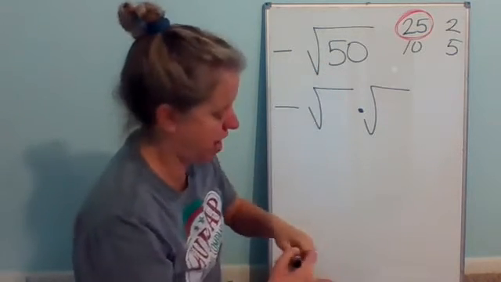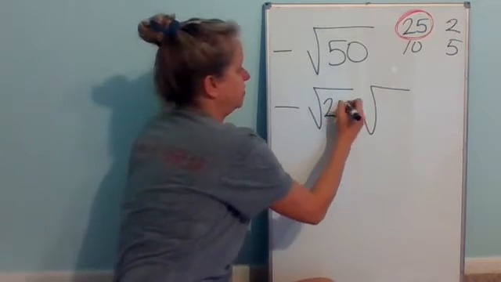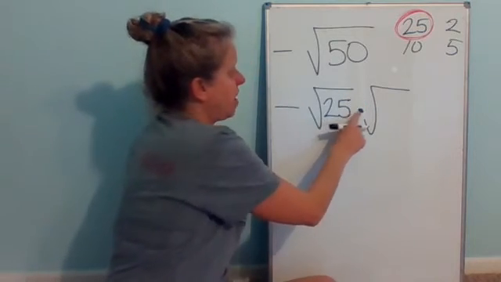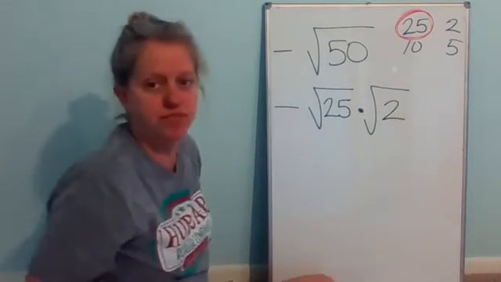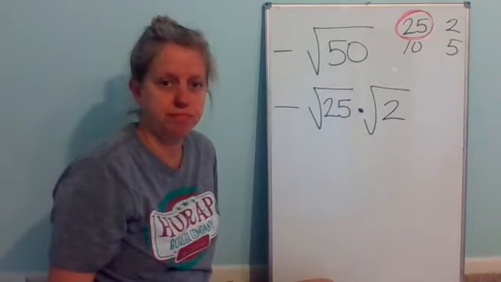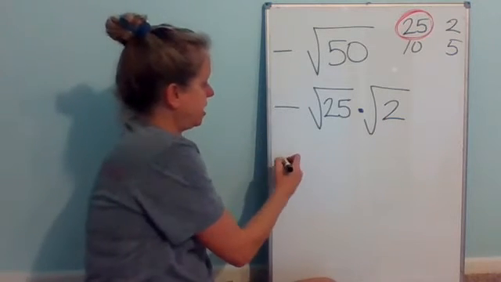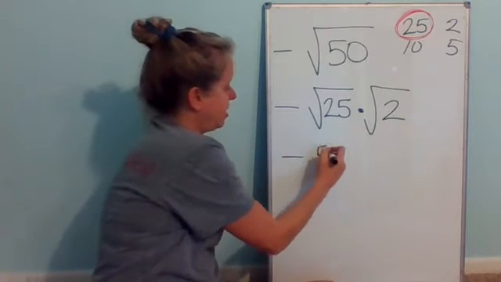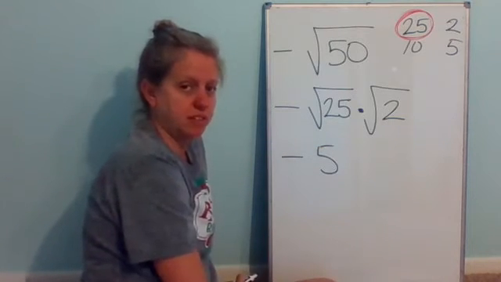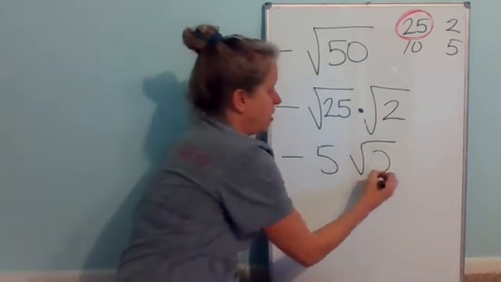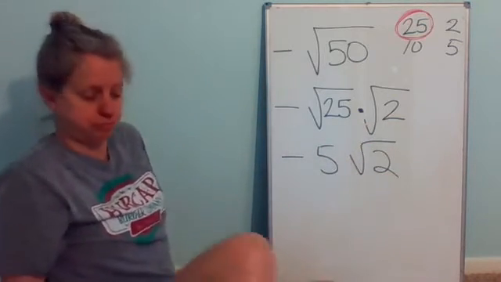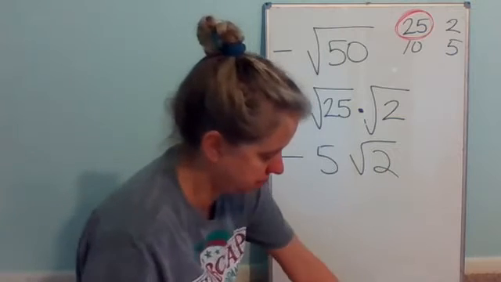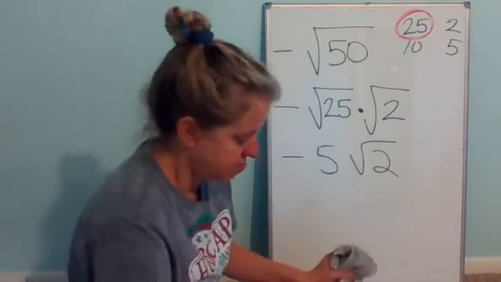Always in your first radical. So here's where I'll put the 25. 25 times 2 is 50. Bring down this negative. Square root of 25 is plain 5. Drop down your trash radical, the square root of 2. Okay?